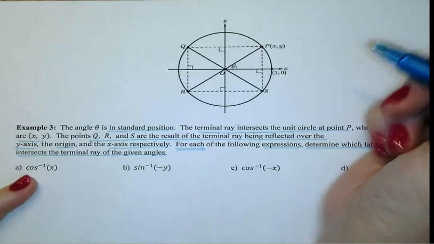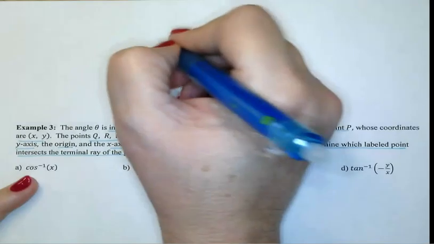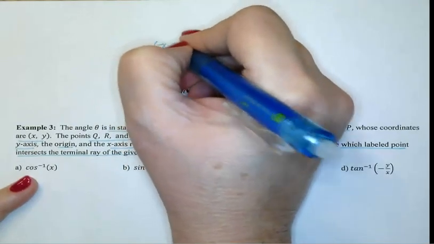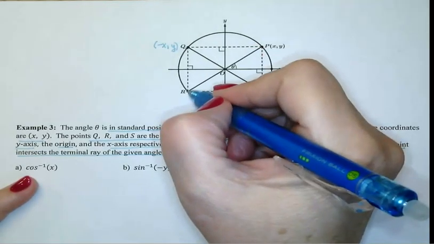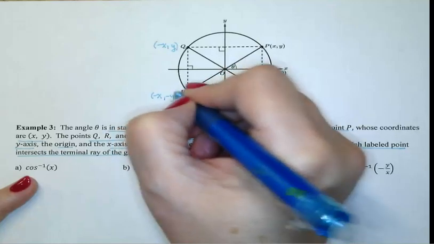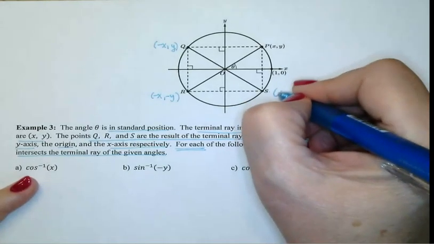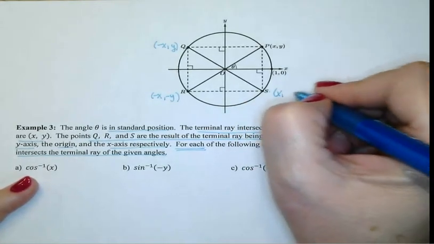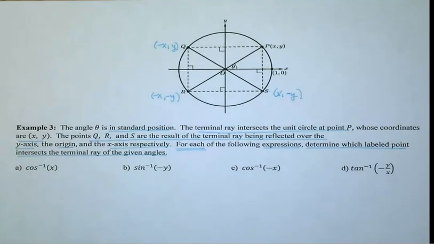If this is the point (x, y), then if we reflect it over to this quadrant, that would be the point (-x, y). If we reflect into the fourth quadrant, that's going to be (-x, -y). And if we reflect down over here, this is going to be positive x and negative y. So those are the coordinate points. We've looked at those in previous problems, so that should be nothing new.